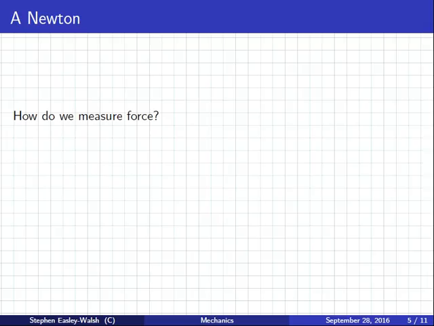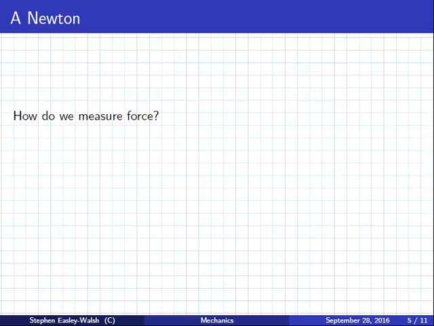I'm very forgetful. Okay. So how do we measure force? I think you all know it's the Newton. But does anybody know the definition of a Newton? A Newton of force? I mean, that's Newton's formula. But what is the definition of the unit?